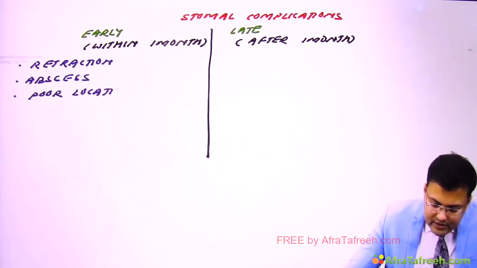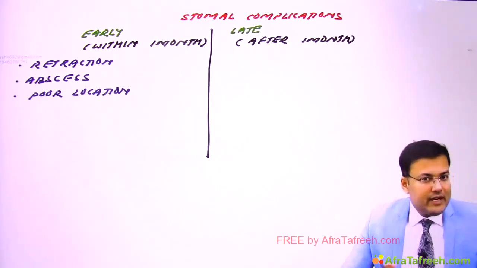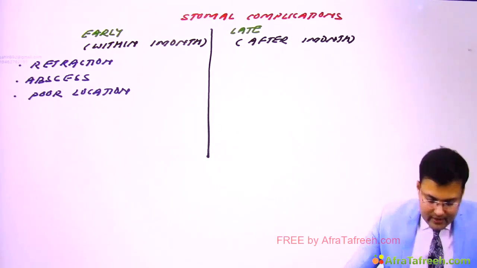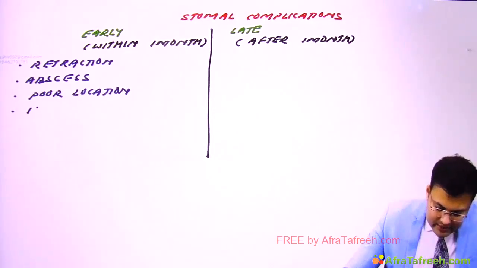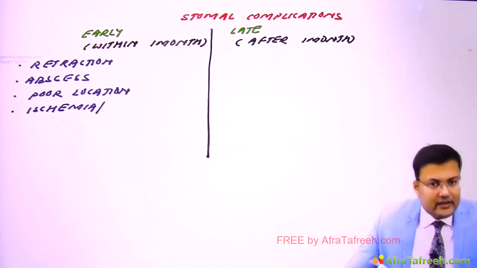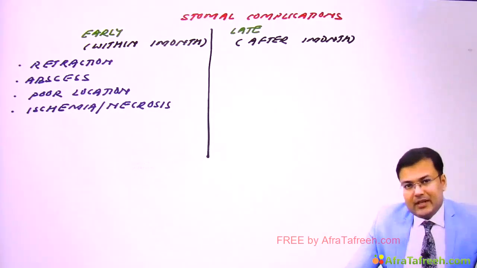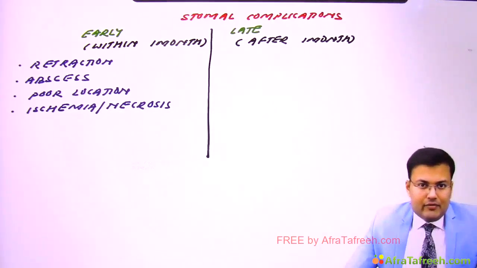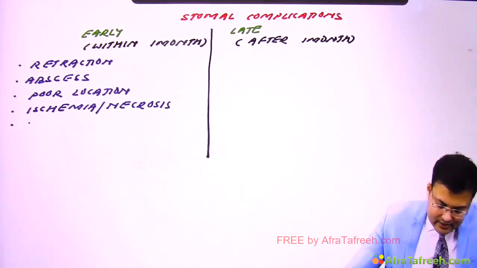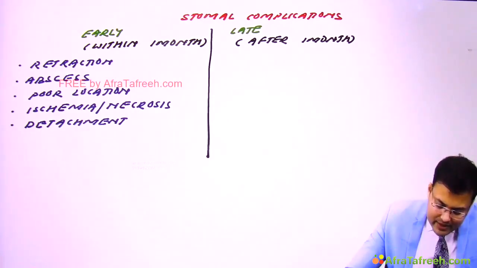It is in relation to some bony prominence, so it's very difficult to fix the stoma. It can lead to ischemia if the vascularity is compromised, and this ischemia can cause necrosis. There can be detachment, and because of the liquid effluent, there can be dermatitis.